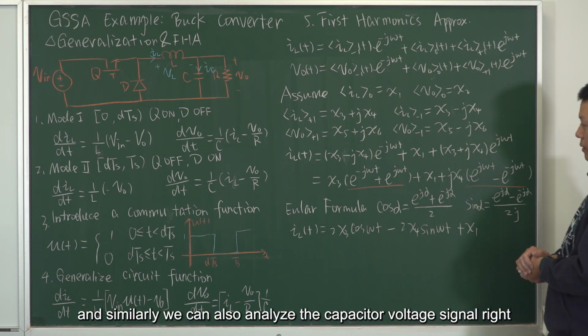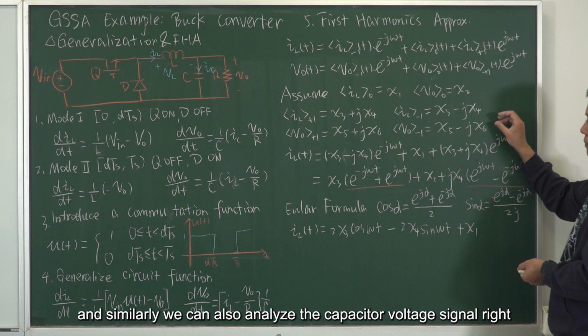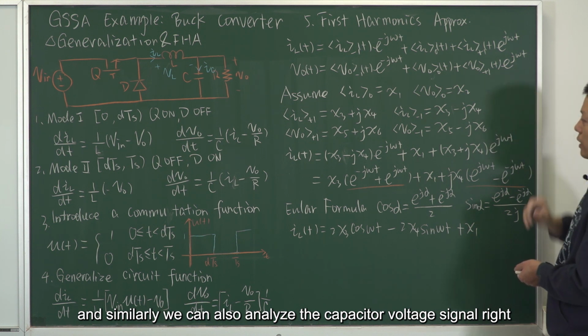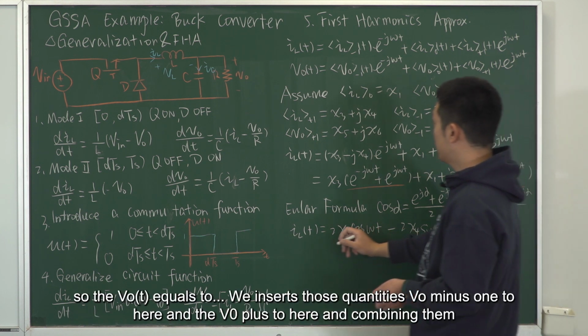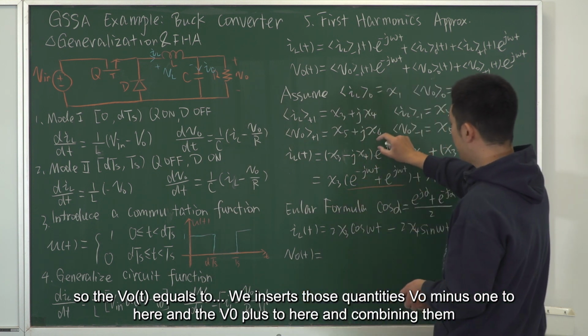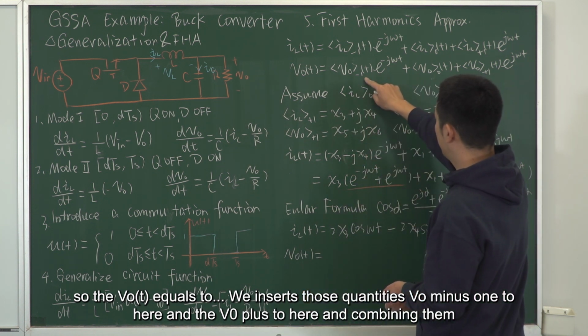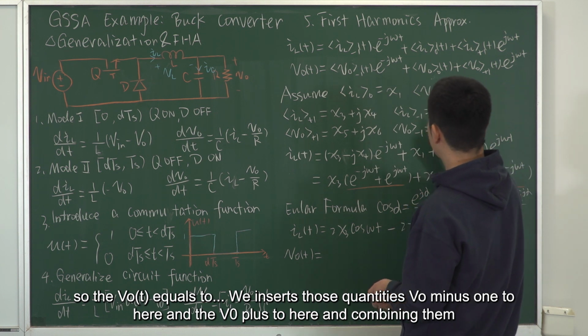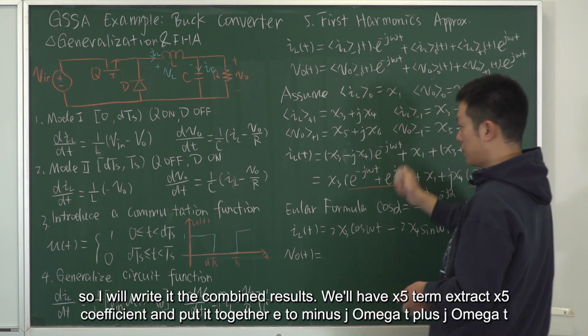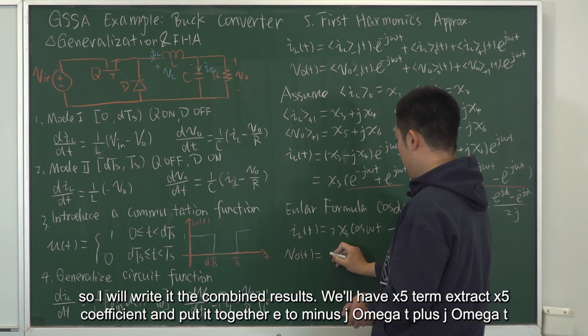And similarly, we can also analyze the capacitor voltage signal, right? So VO(t) equals, we insert those quantities, VO minus here and VO plus here, and combine them. So I will write the combined result.